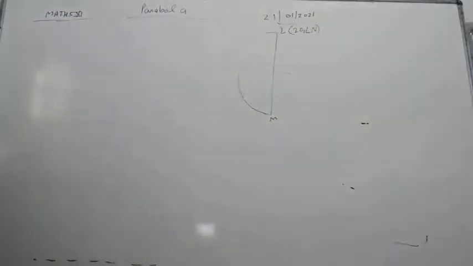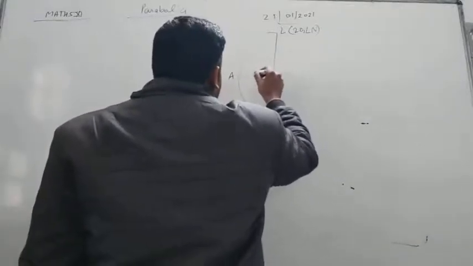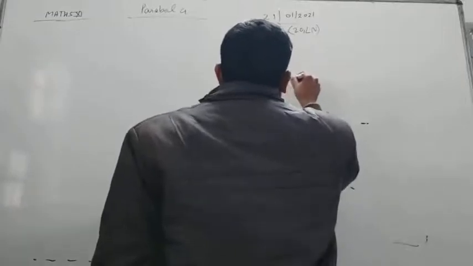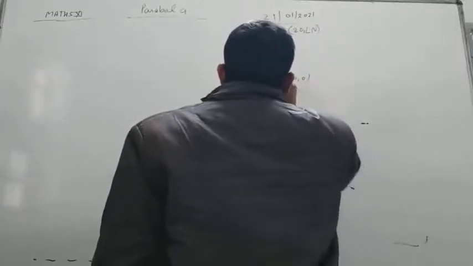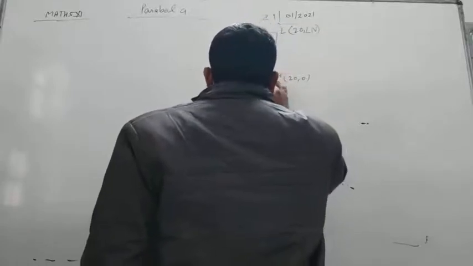And point N and A. This is A, this is point N, and here is S. Okay, so this point is (20, 0) and here S is (6, 0), because this distance is given as 6.